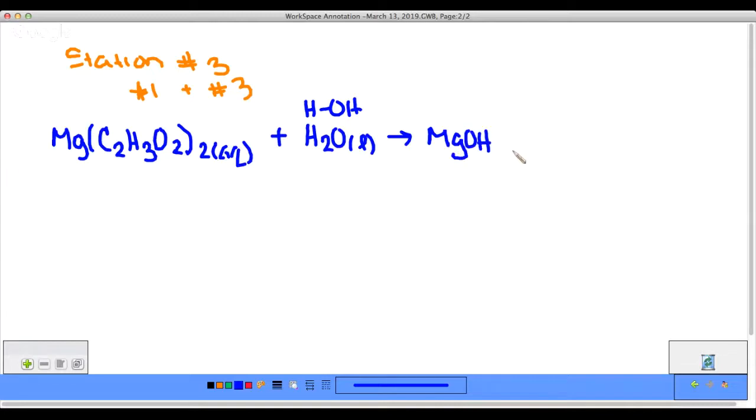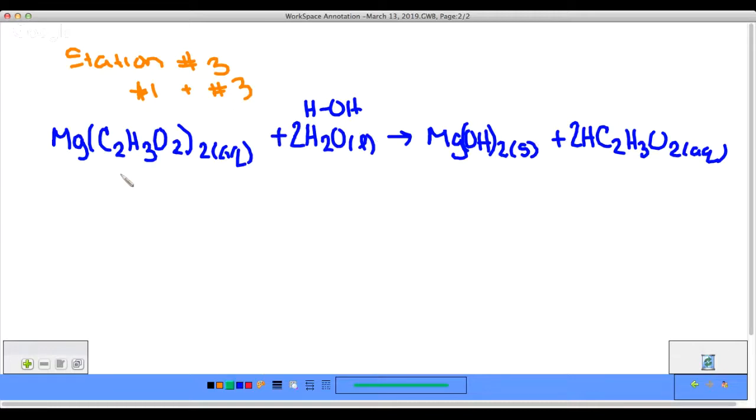And combined indicates the solution. This is a solid. And then we have acetic acid, C2H3O2, and this is aqueous. And adding my coefficients, we're going to have a 2 and a 2 in front of here. And there's my balanced reaction.